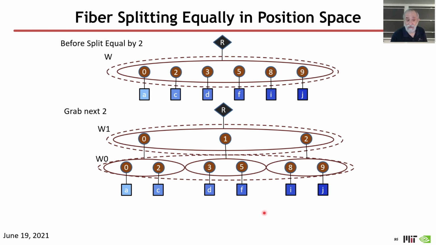So now I have a new fiber tree, and we can imagine whatever representation would be appropriate. We're going to pick a representation that is efficient for the implementation that we want. But in the abstraction, I just have a two-level fiber tree that I can traverse as we saw before.